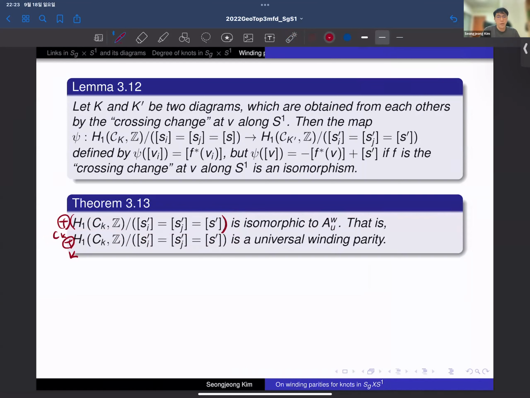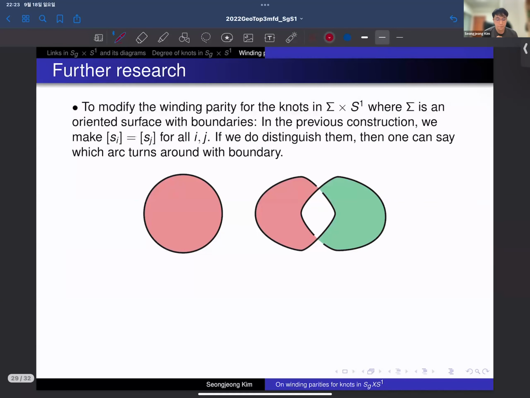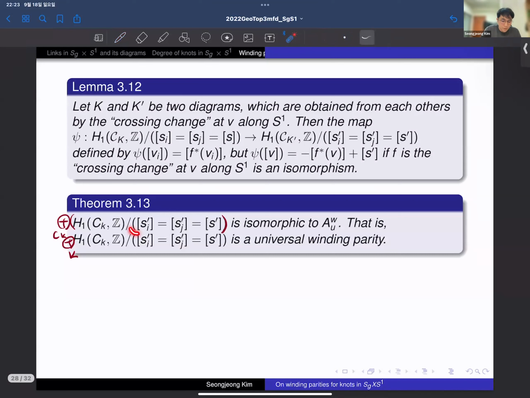So our next question is this one. Actually, when we define the universal winding parity by using the complex, we attach closed curves. But when we show that it is isomorphic to the winding parity, here I skipped this part, but we make all generators corresponding to the closed curves the same.